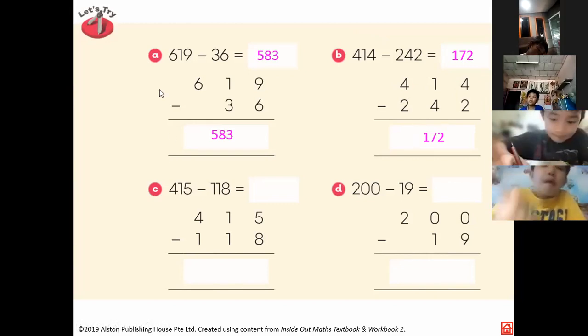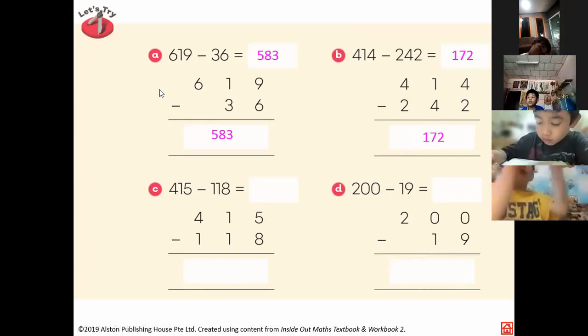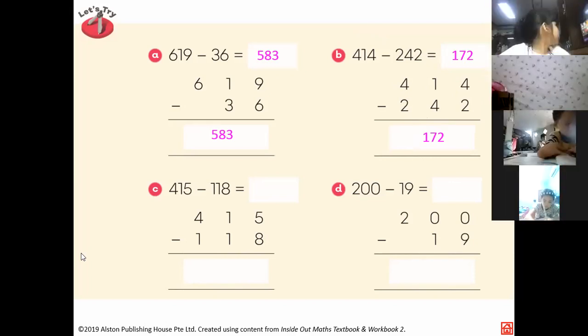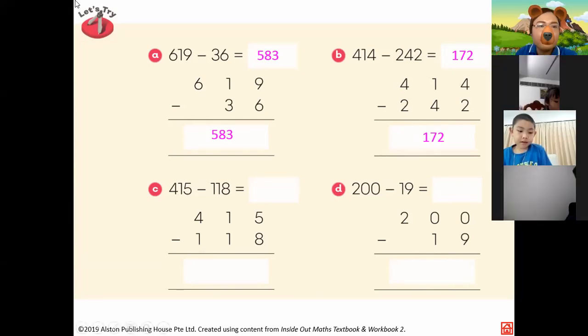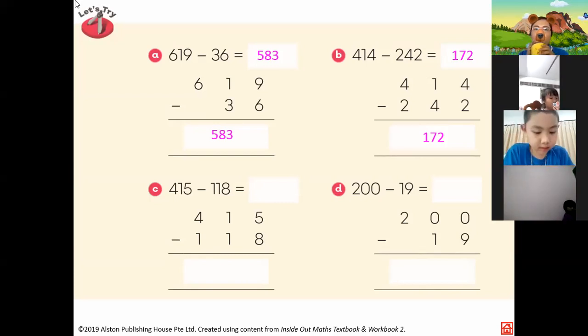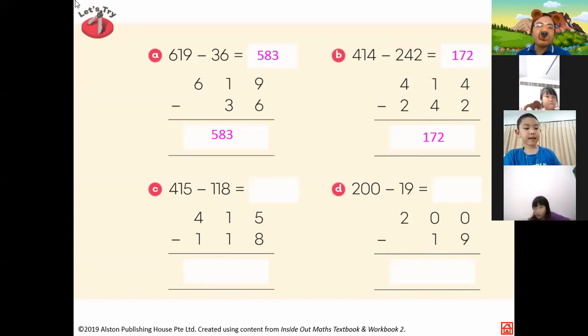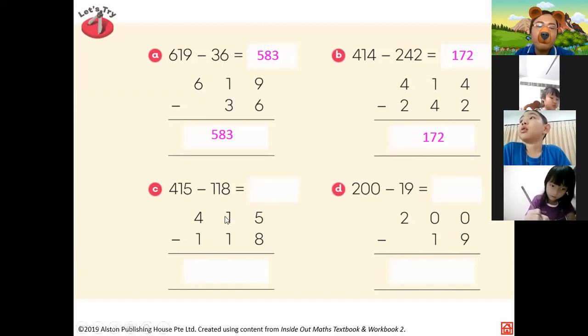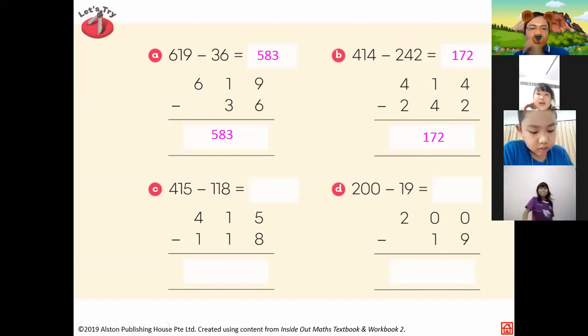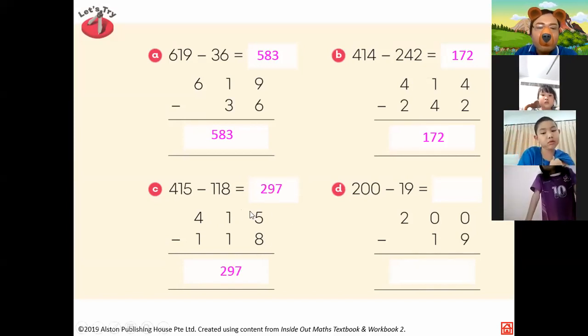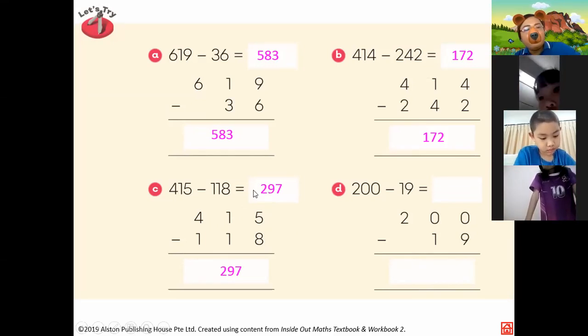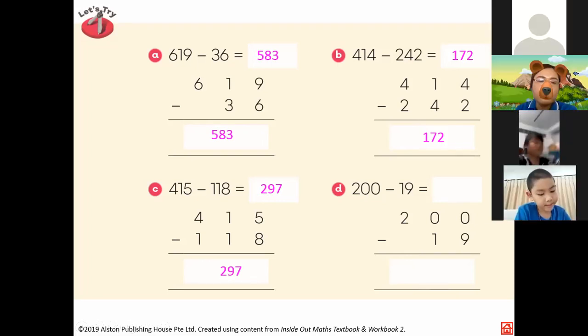What about for letter C? No, it's 297 for letter C. I'm going to show you.